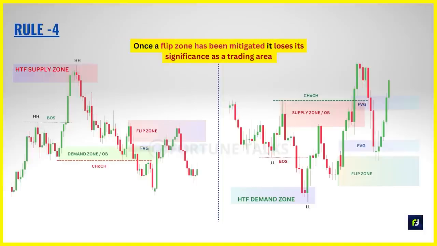Once a flip zone has been mitigated, meaning the price has moved beyond its boundaries, and the inefficiency associated with it has been filled, it will lose its significance as a trading area, and we will not consider it as an area or price of interest for our future trades. And subsequent retests of a flip zone may not offer the same trading opportunities as the initial trade entry.